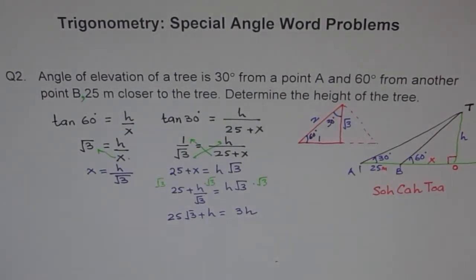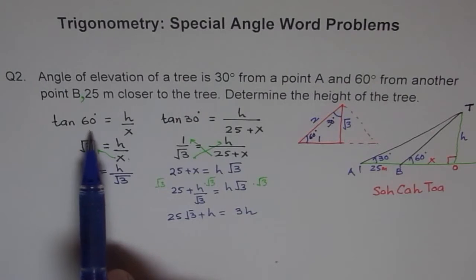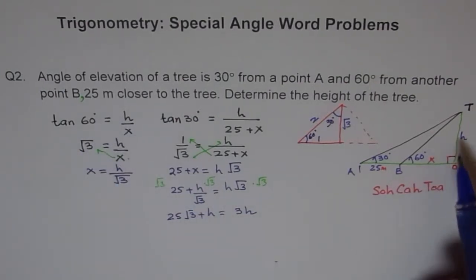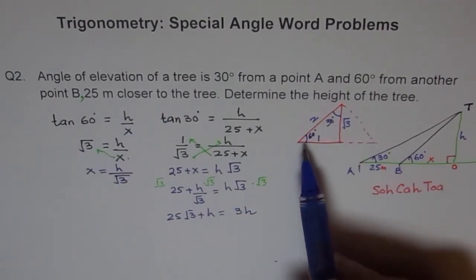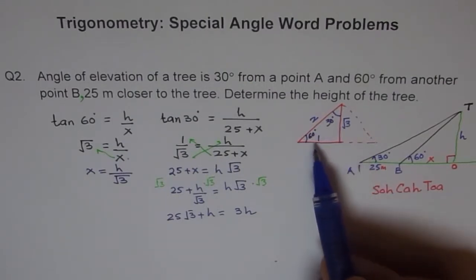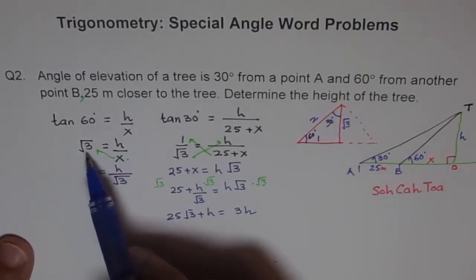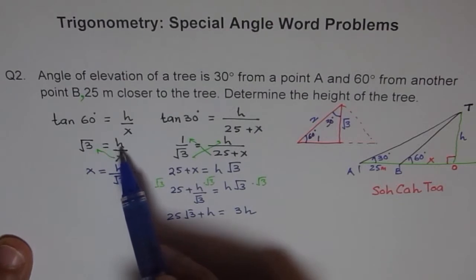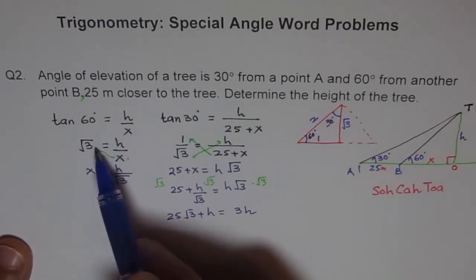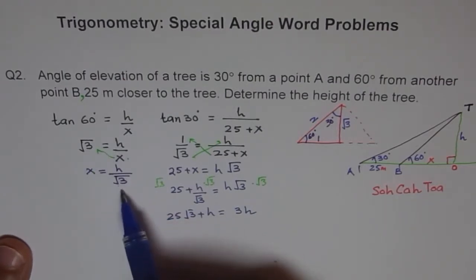Correct? So a lot of things have happened here. Let's go through them once again. So initially we had tan 60 equals to h over x, and tan 60 is square root 3 over 1. So we wrote square root 3, and then we wrote x in terms of height, right? And we got x as h over square root 3.